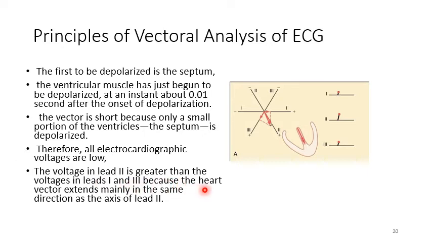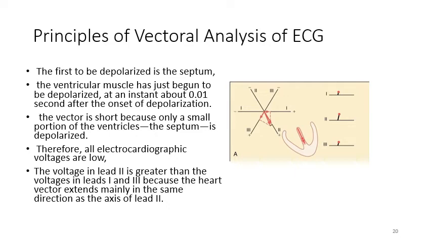Because the heart vector, as we said, is more parallel and extends mainly in the same direction as lead 2. They go parallel to each other, so the perpendicular line will make the projected vector longer.